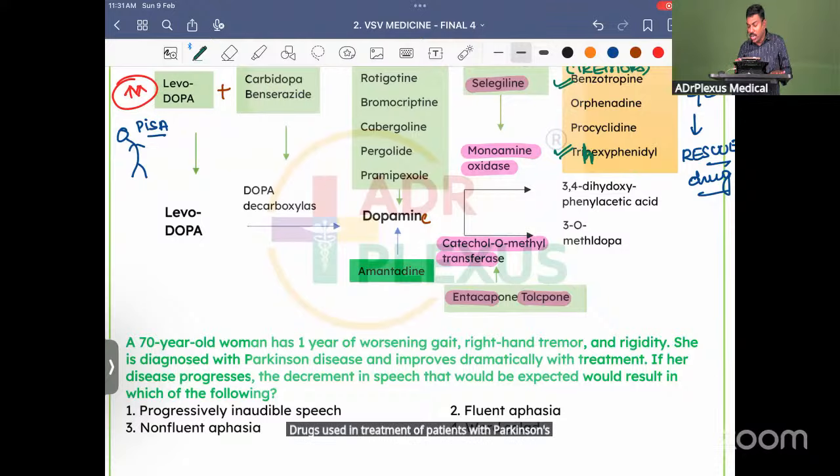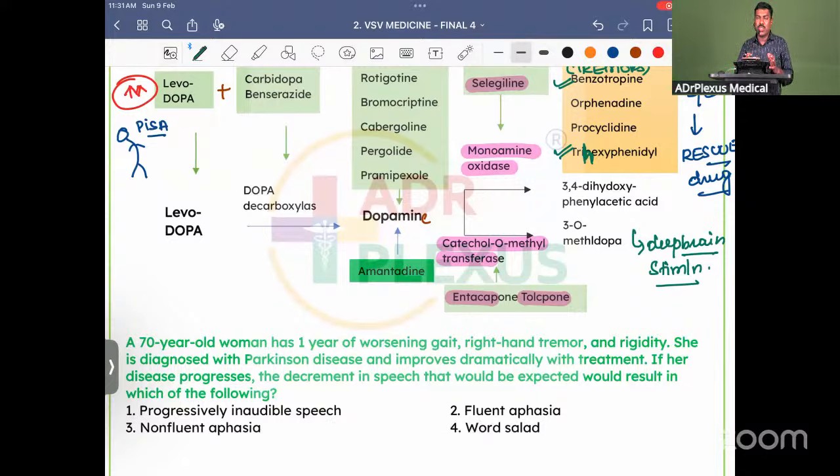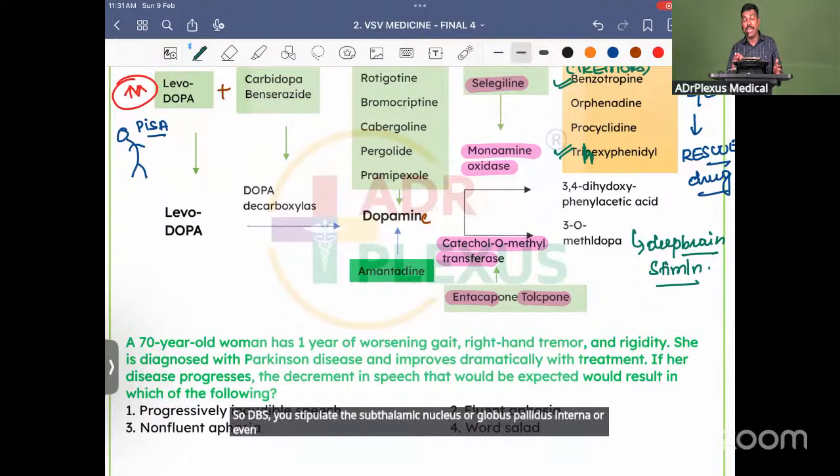And if the drugs are not effective, you can also go for deep brain stimulation, DBS. In DBS, you stimulate the subthalamic nucleus or globus pallidus interna, or even the substantia nigra can be stimulated.